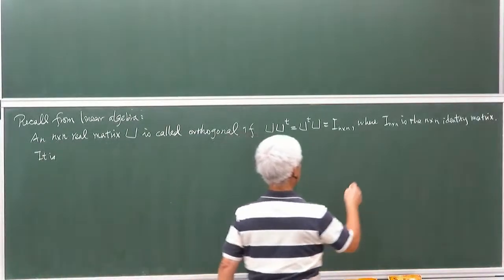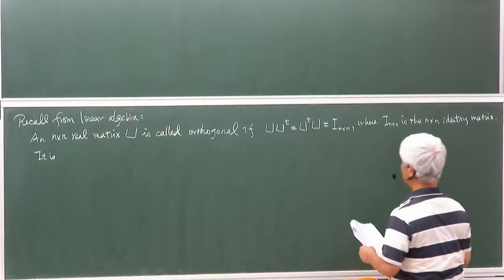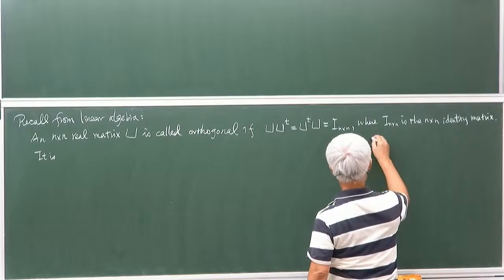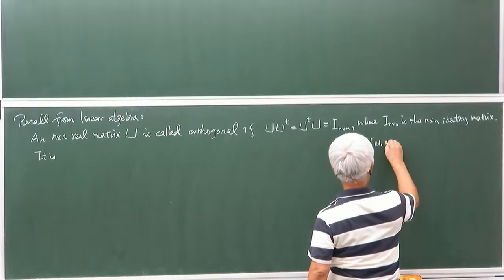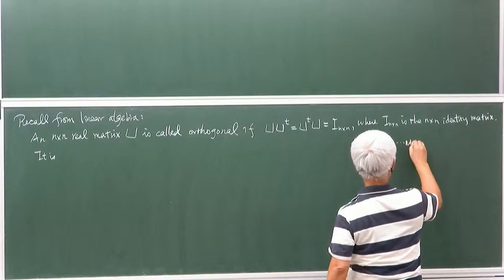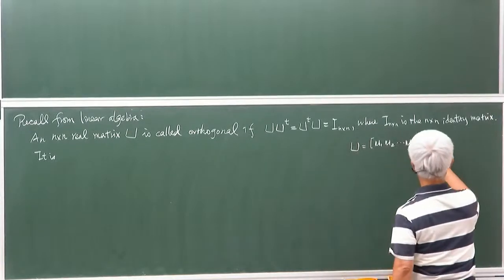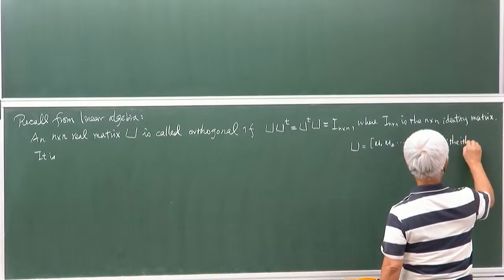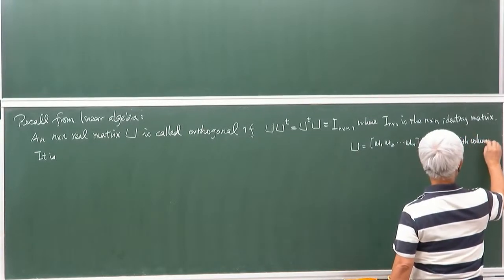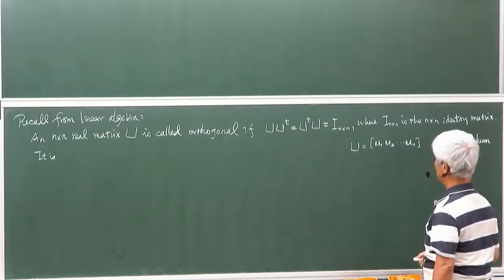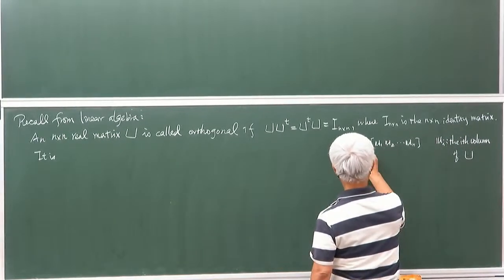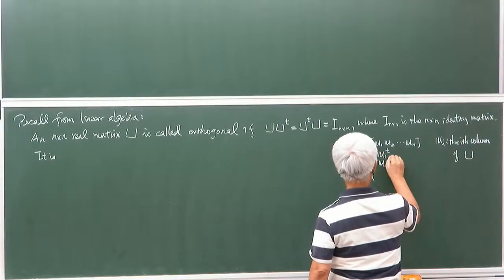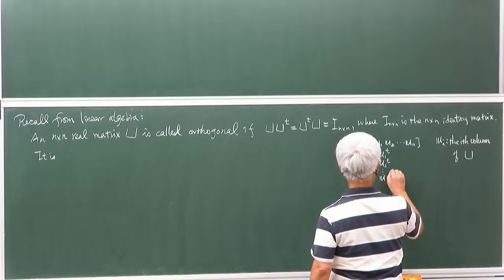So now you can see that U is expressed in terms of its columns, where Ui is the ith column of U. And so U transpose consists of U1 transpose, U2 transpose, up to UN transpose.